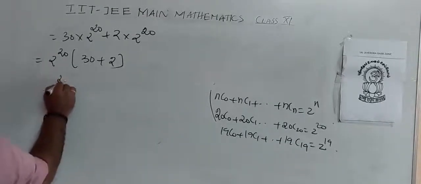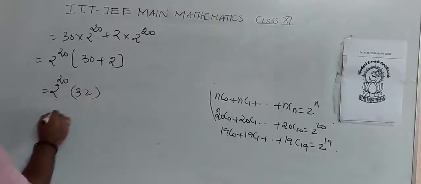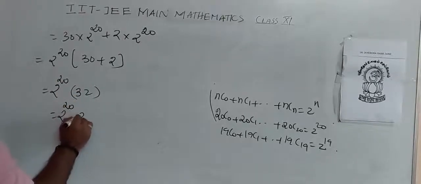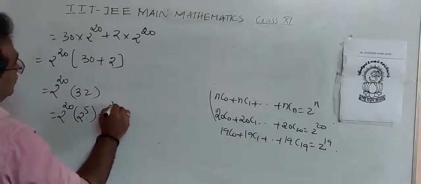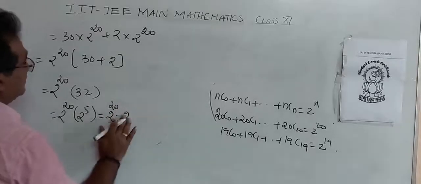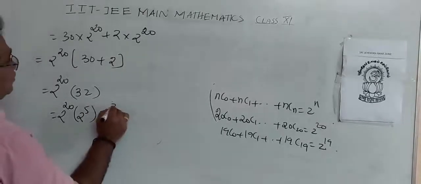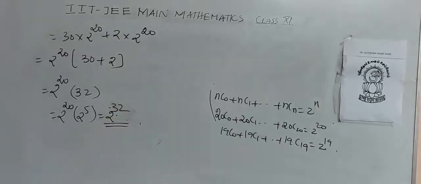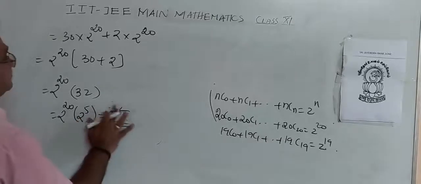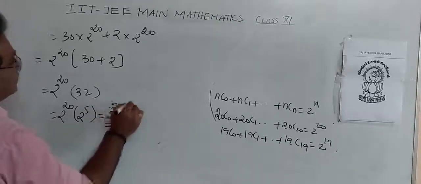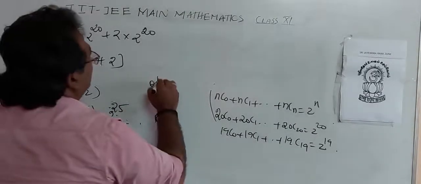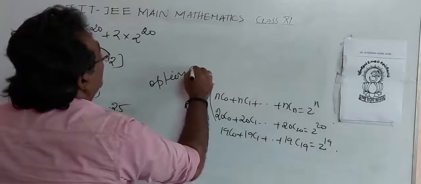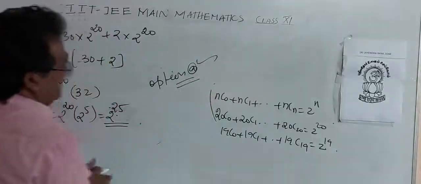So 2 power 20 into 32, 2 power 20 into 2 power 5. Sorry, 20 plus 5, 2 power 25. So option A is correct.